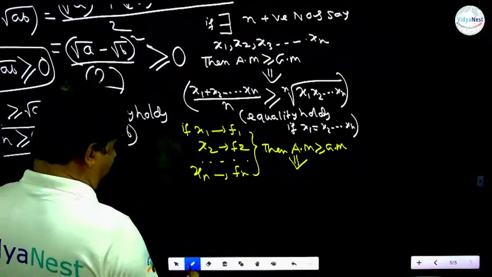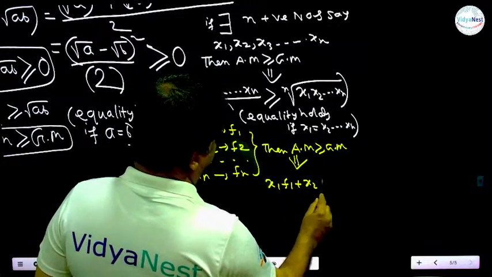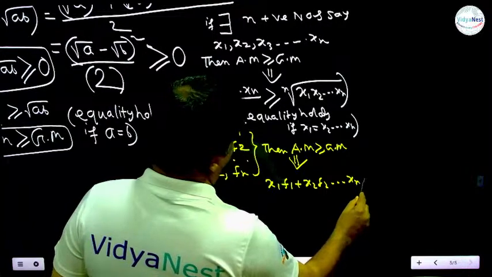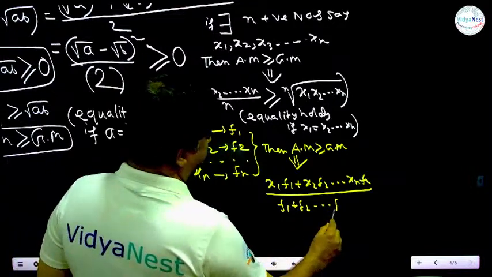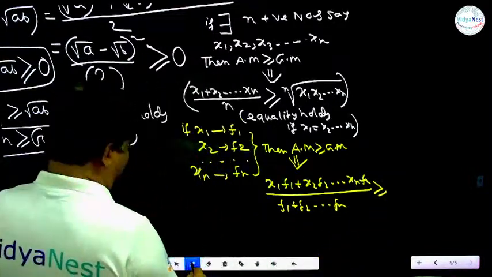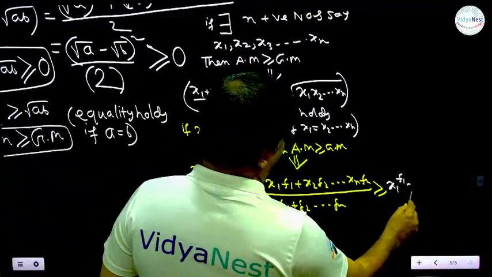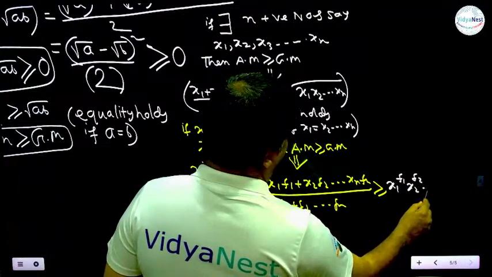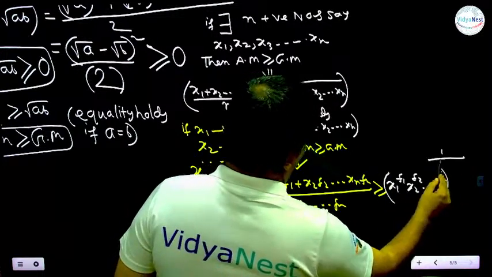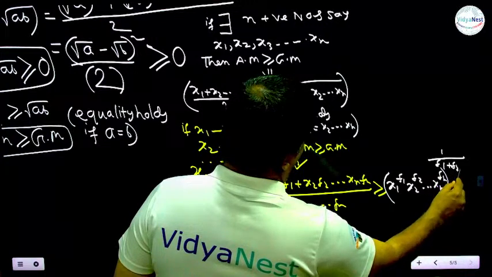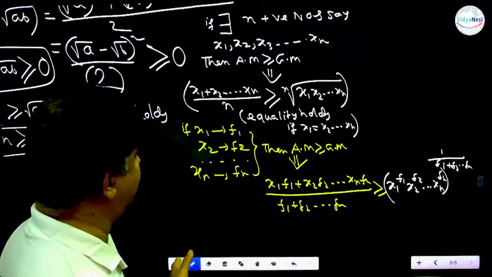First you write the arithmetic mean: x1 f1 plus x2 f2 up to xn fn by f1 plus f2 up to fn, greater than or equal to the geometric mean. What is the geometric mean? x1 to the power f1, x2 to the power f2, xn to the power fn, to the power 1 by f1 plus f2 plus fn. Weighted arithmetic mean greater than or equal to weighted geometric mean.